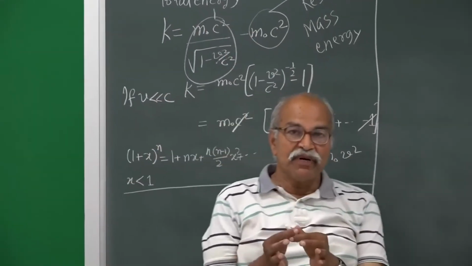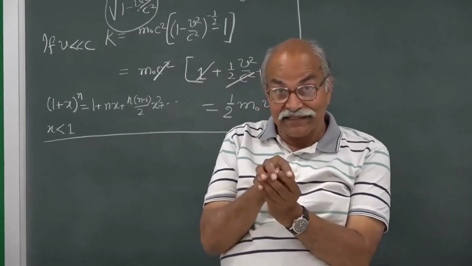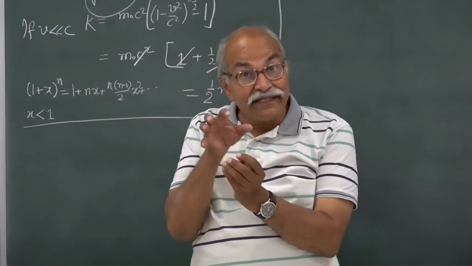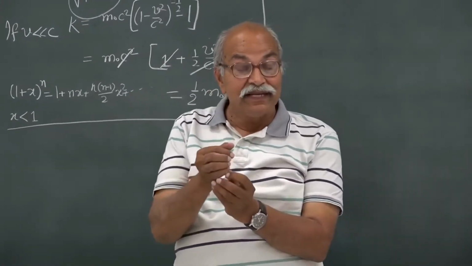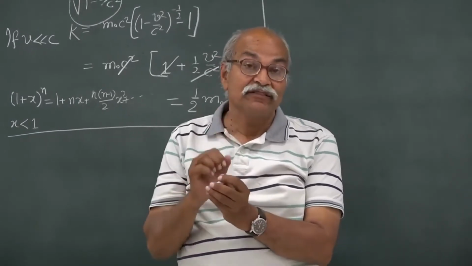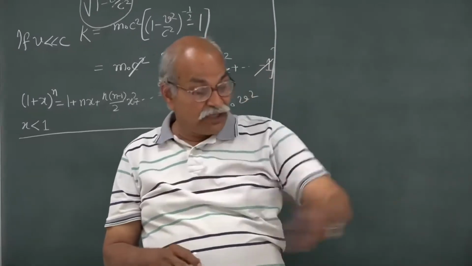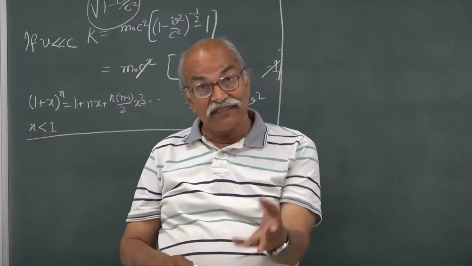So, if I have a particle which is not moving, we still say that it has energy, and that energy is its rest mass energy. Because of the mass there is an energy, and that energy is m naught rest mass into c square, and you give kinetic energy that is added on top of this rest mass energy.